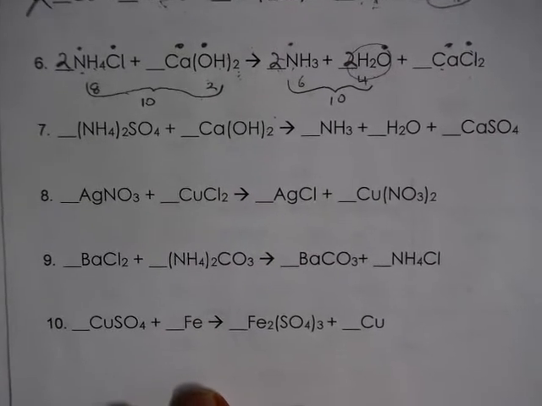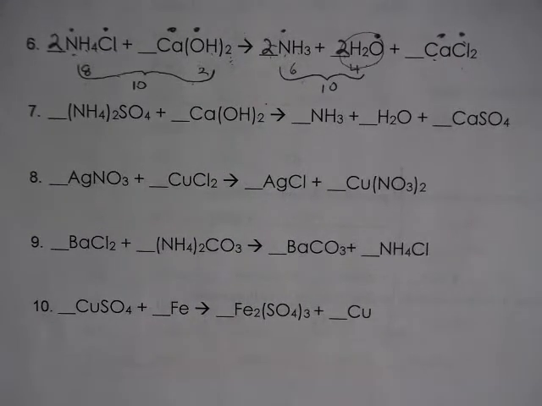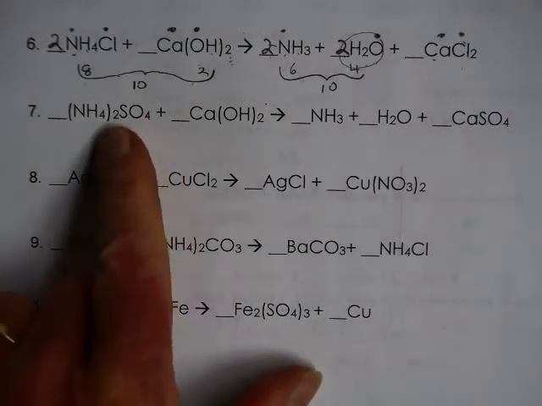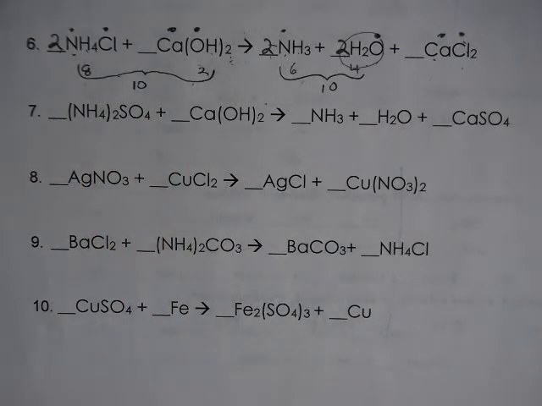What do you notice about number 7? What things do you notice about number 7? No, we're on this one here, 1-7. What do you notice about the four? It's almost the exact same as 6.